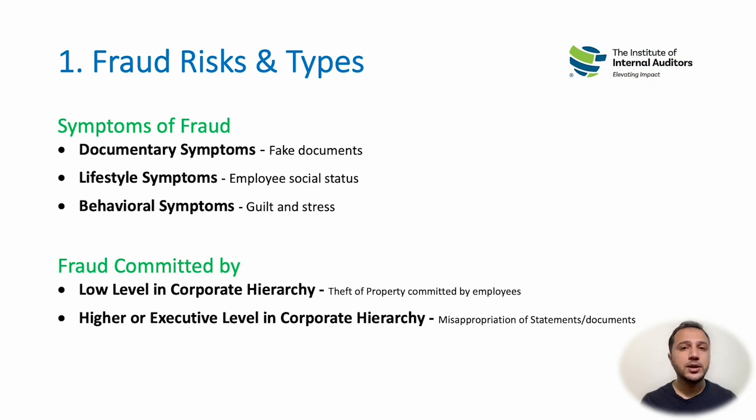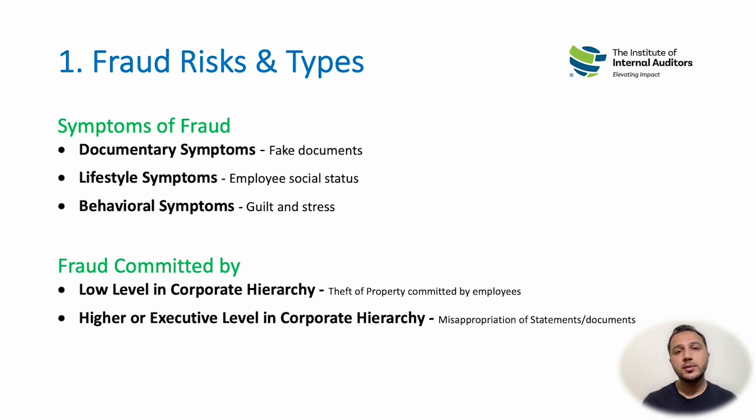Sometimes there are major databases, maybe a regulatory body or some other websites where you can check the authenticity of the data. So there are different ways, but generally documentary symptoms of a fraud, if it has been perpetrated, is that the documents are altered, or it's a fake document.